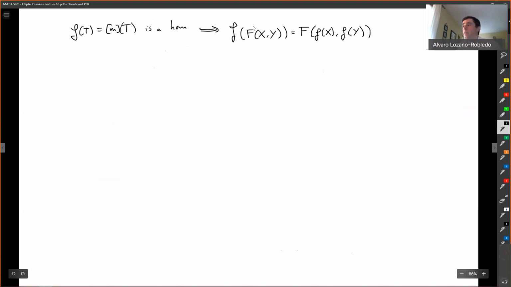And that is for any x and y, so I can apply it to little g(x) and little g(y). Let me just say that I can evaluate anywhere I want, and this is going to be true for any x and y. So I can write the same equation, but for little g.